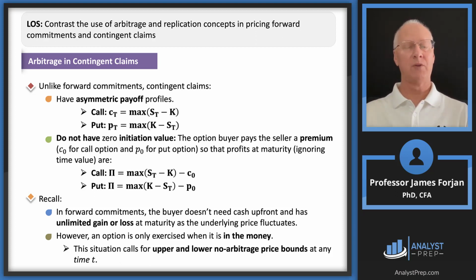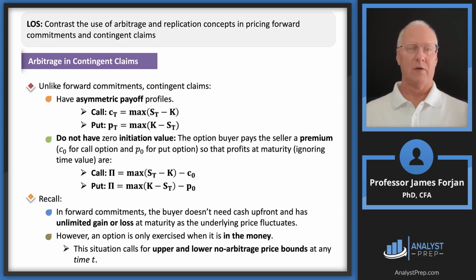On the maturity date, there was a winning position and a losing position, and those were symmetric payoffs. But that's not true with contingent claims, and we're focusing on options in this part of the learning module.